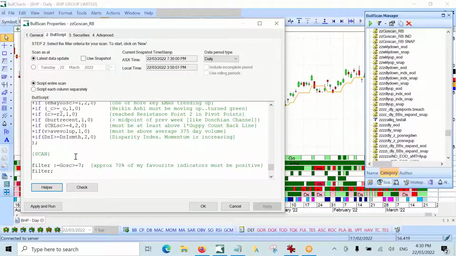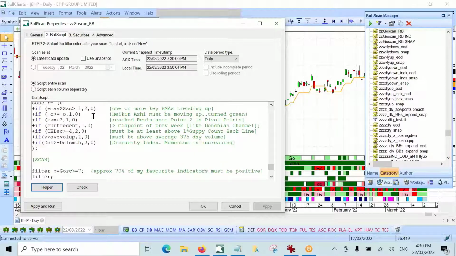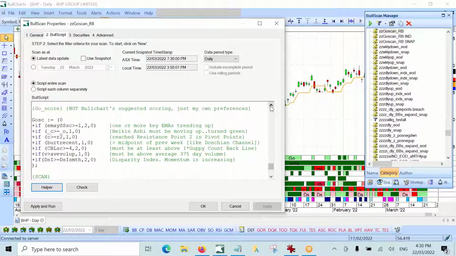And then I run the filter itself, and I've used the threshold. The maximum you could possibly get out of this is 10. If you add up all those points, the maximum possible score is 10. Now that's not BullCharts suggested scoring, it's just my own preferences, the way it's worked out.